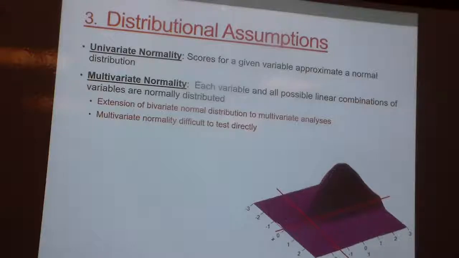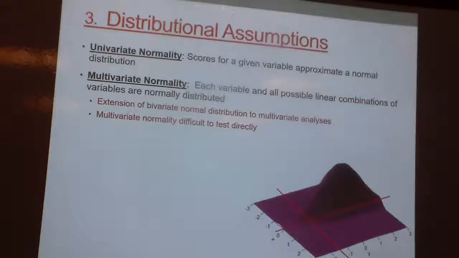As soon as we get into a regression model with 3 predictors and 1 outcome, all of a sudden we're in four-dimensional space, and that's hard to wrap our heads around. The basic assumption of multivariate normality, again, is that each variable is univariate normal, and now all possible linear combinations of variables have a normal distribution.